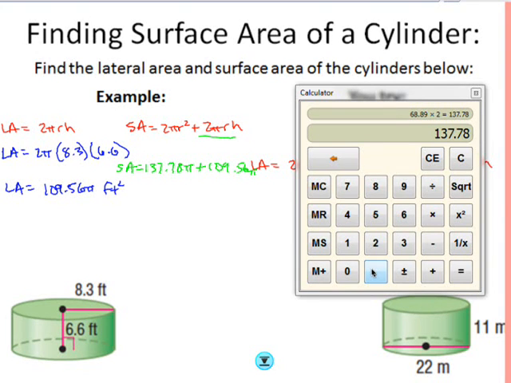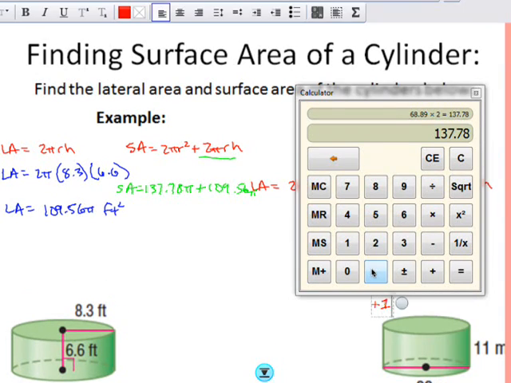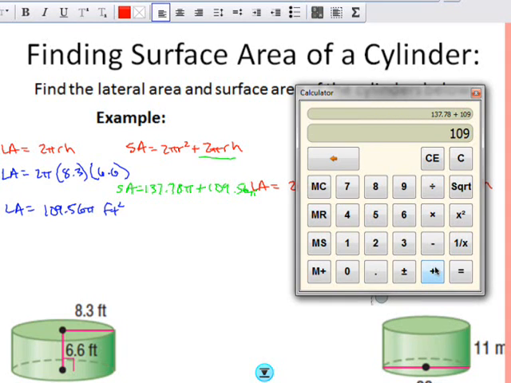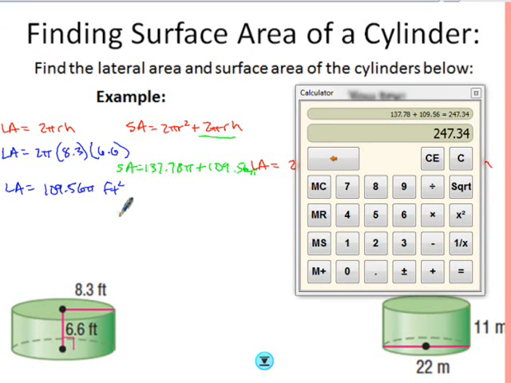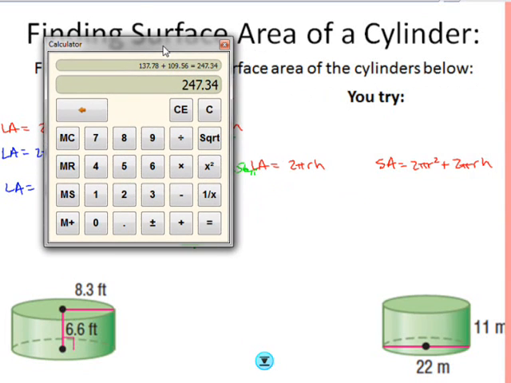So 137.78 plus 109.56, and so the surface area equals 247 point something, and I want to be sure that since I have never included pi, that it is definitely a part of my answer, and that's feet squared, because it's area. Okay, so let's try another one down here.